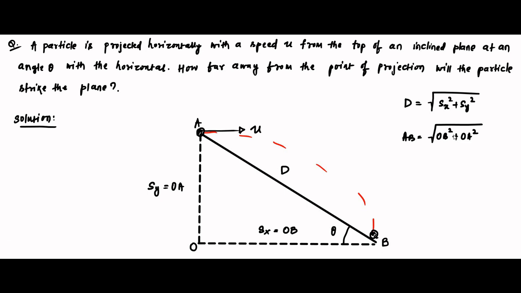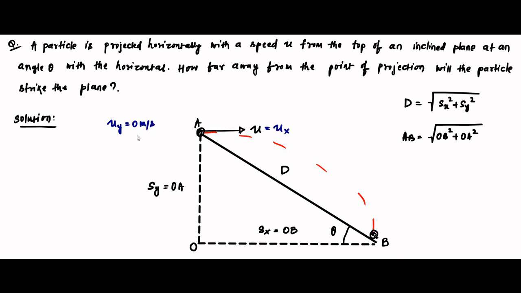Now we have to find expressions for Sx and Sy. Here this u is nothing but the horizontal component of the initial velocity, ux. This is clear, we have discussed it in so many questions. Then there is no component of initial velocity in the vertical direction, either upward or downward, so uy is equal to 0 meter per second.